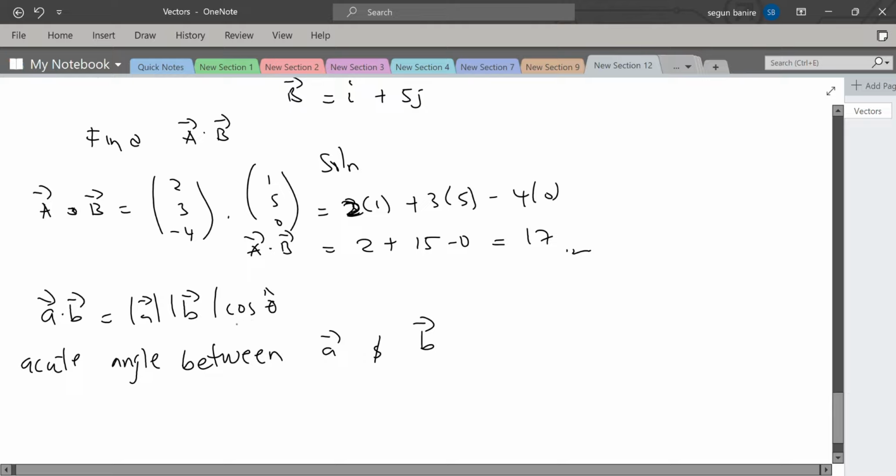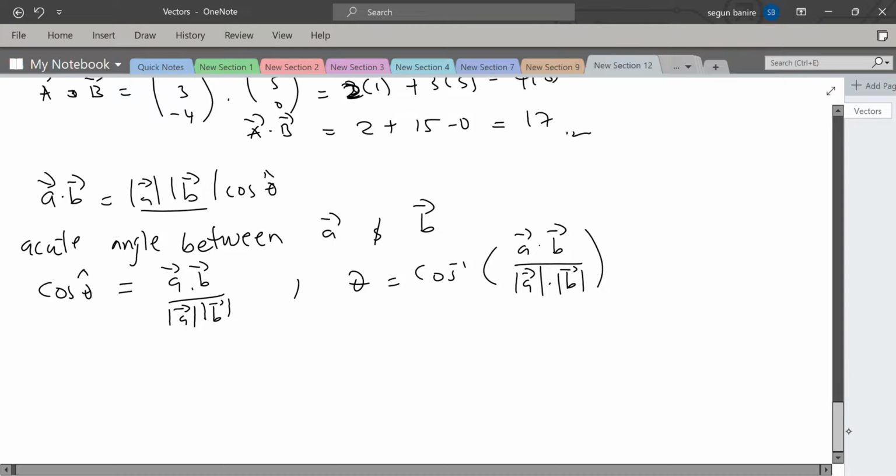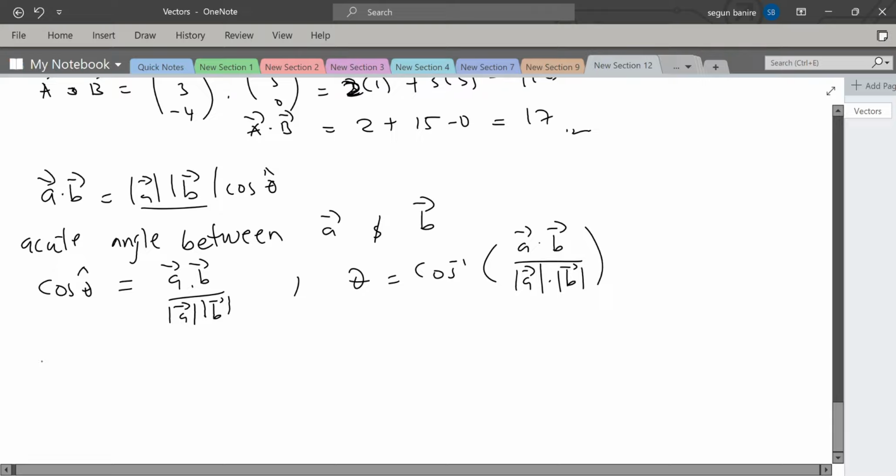If you divide, you will get cos theta is equal to A dot B divided by the product of their magnitudes. So what is theta? Theta is equal to shift cos of A dot B divided by the product of their magnitudes. So this will give you the angle between them.